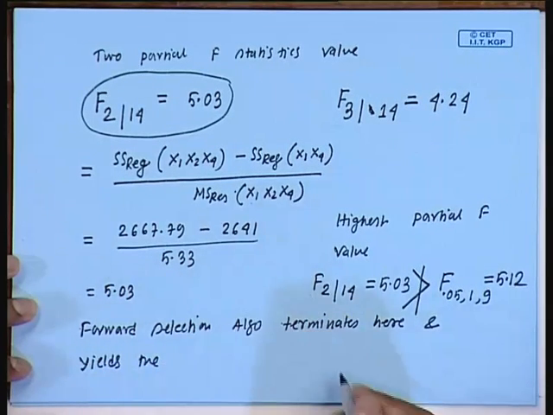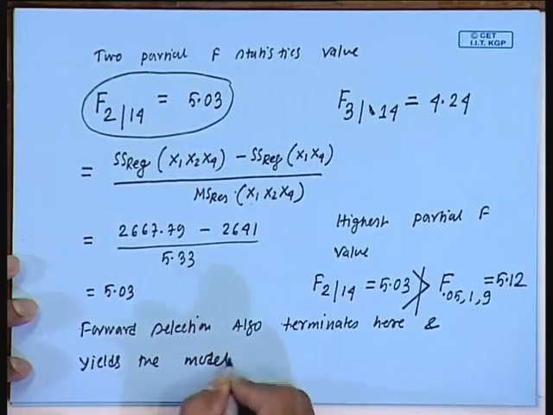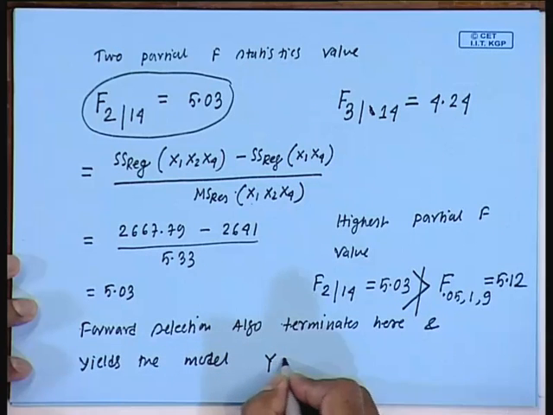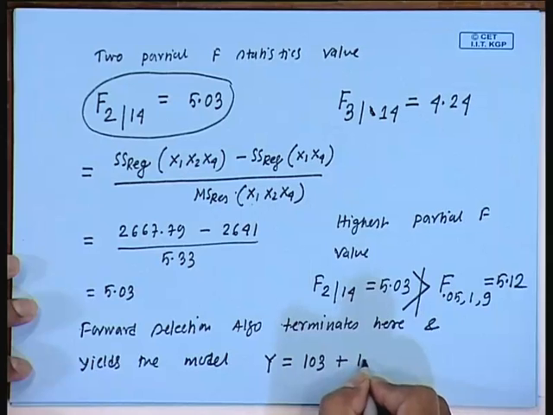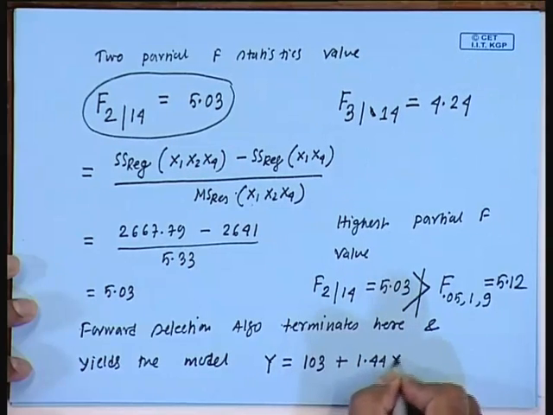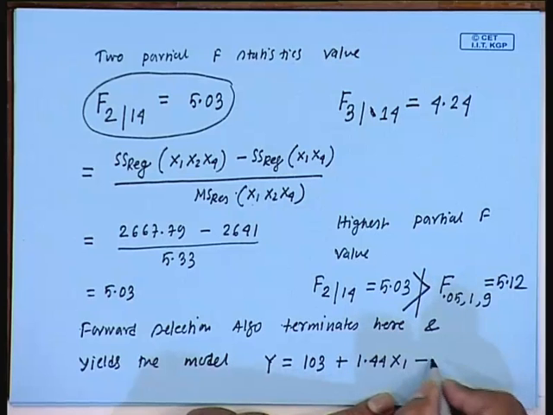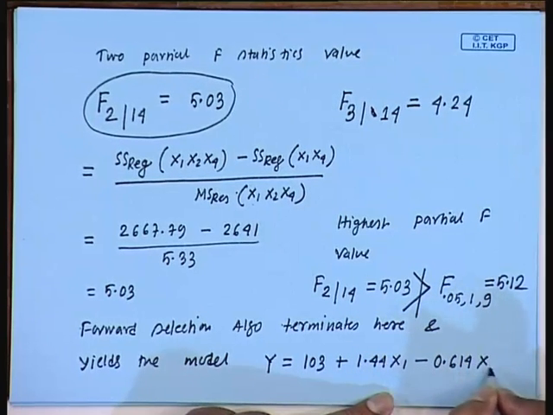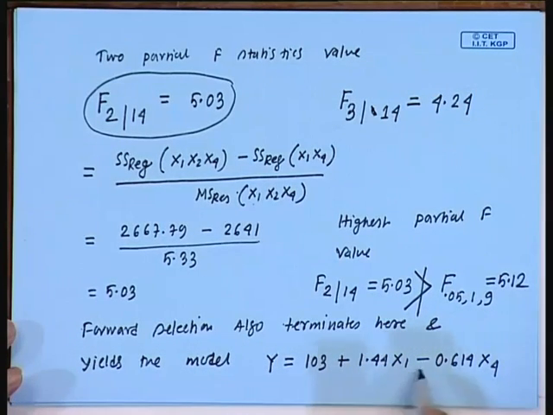So, the output of the forward selection algorithm is y equal to 103 plus 1.44 x1 and so on. I am giving the fitted model. Basically, what I want to say by this one is that the final model involves x1 and x4.